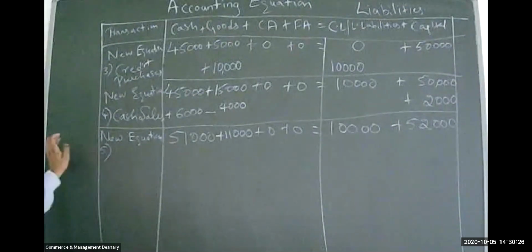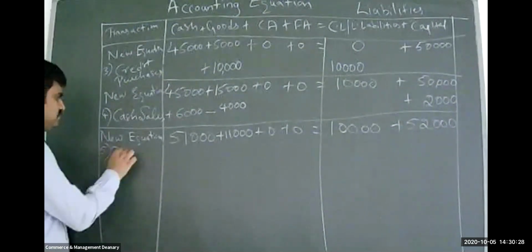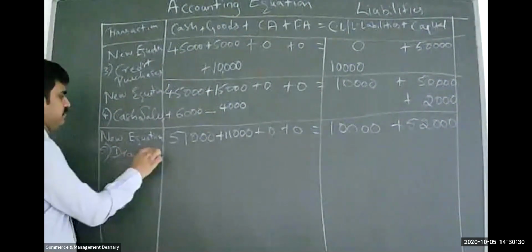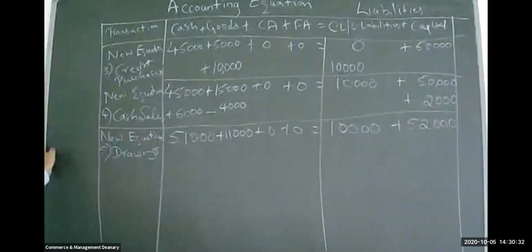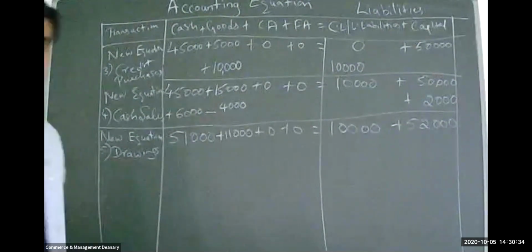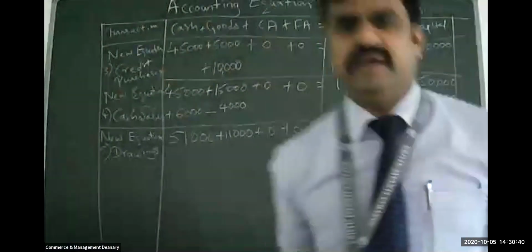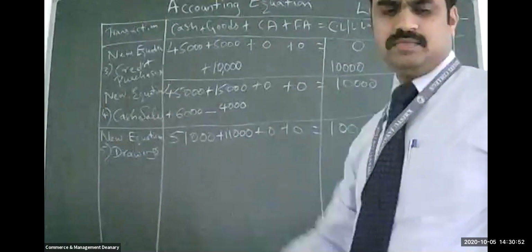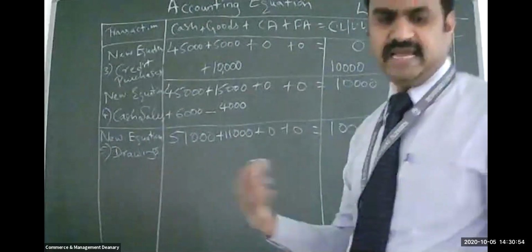Next transaction, we'll write it as drawings. What is he drawing, either goods or cash? Cash. Drawing cash. So do we plus or minus cash? Minus, because he withdrew cash and cash is going out.